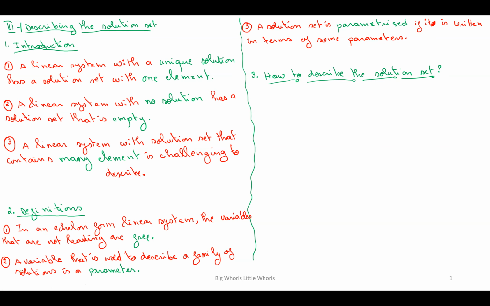To describe the solution set, you have to undergo two steps. Step number one, bring the linear system to echelon form. And step number two, write the leading variables in terms of the free variables. That's what we call parameterizing the solution set.